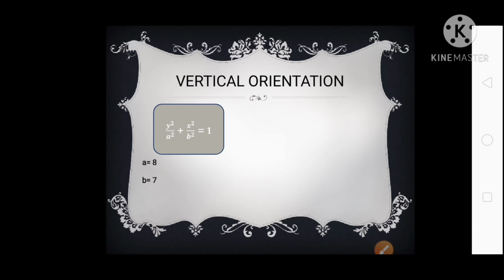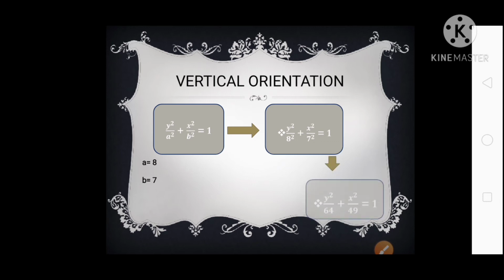Then same process. Let's get first the values of a and b, where a is 8 and b is 7. Then substitute them into our equation. So our equation now is y squared over 8 squared plus x squared over 7 squared is equal to 1. Then we have an answer: y squared over 64 plus x squared over 49 is equal to 1.